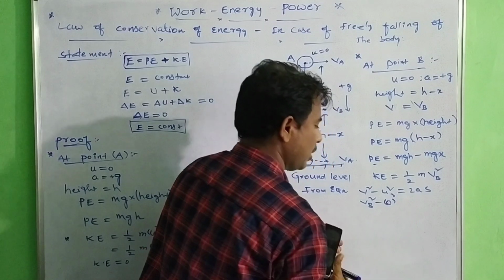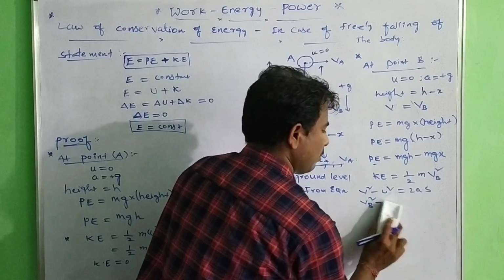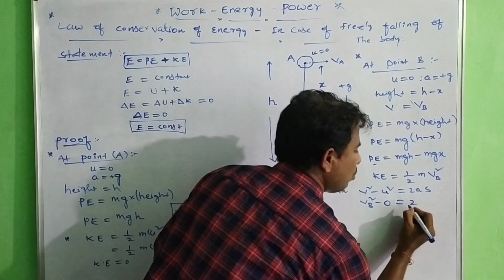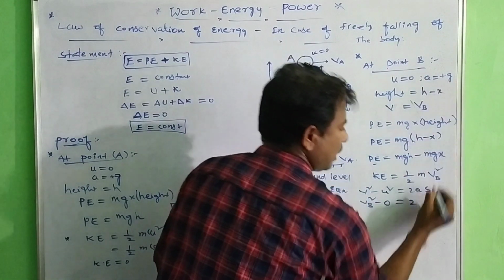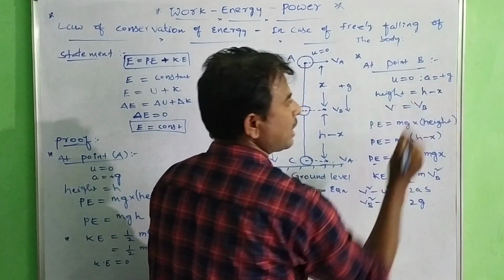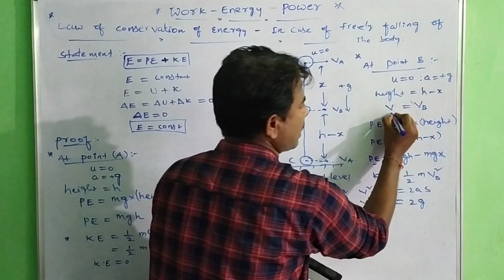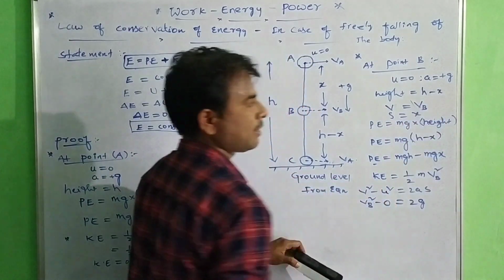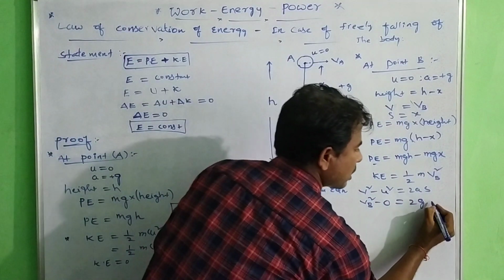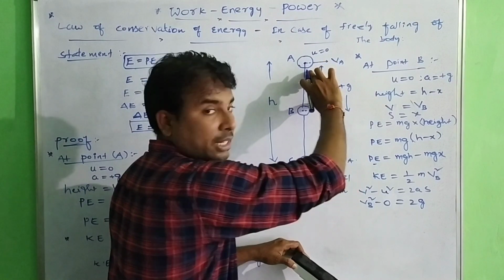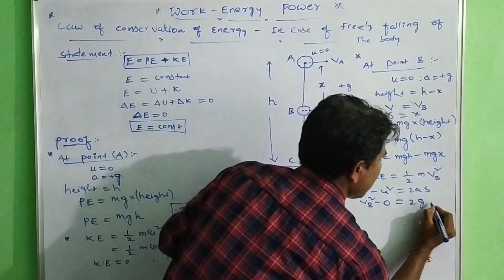So Vb square minus 0 equals 2 times a, which is g, times s, the distance travelled from A to B. The displacement is x.